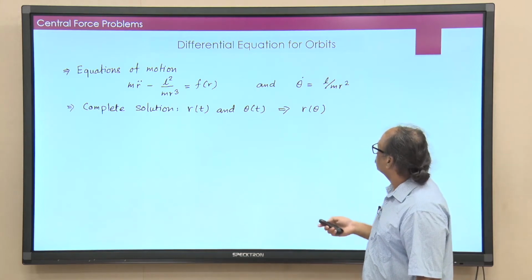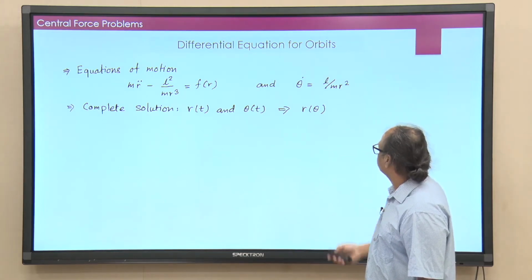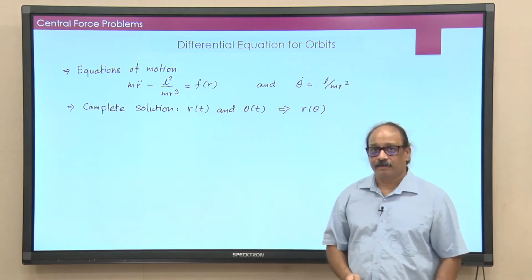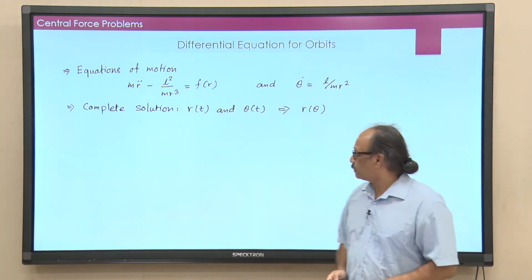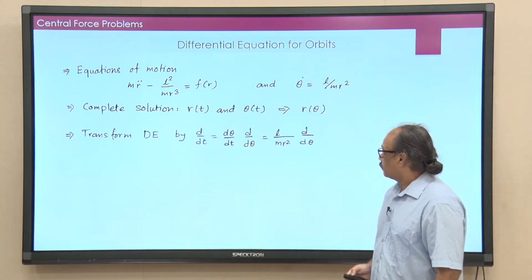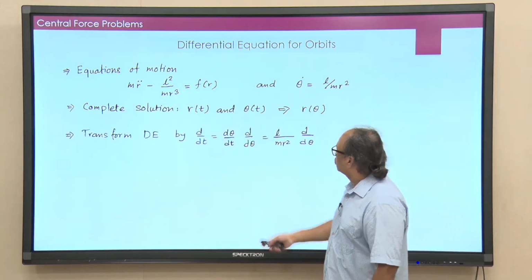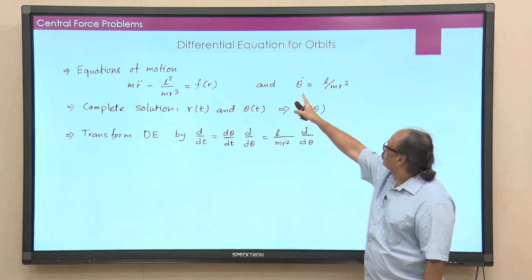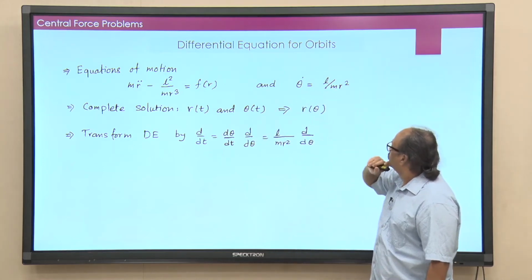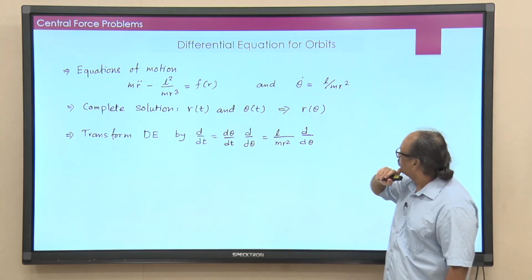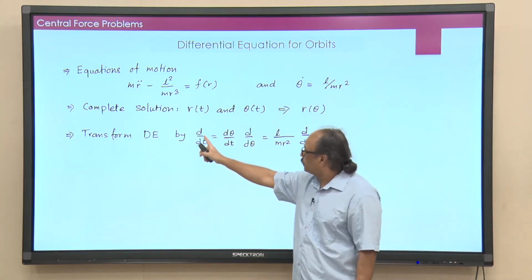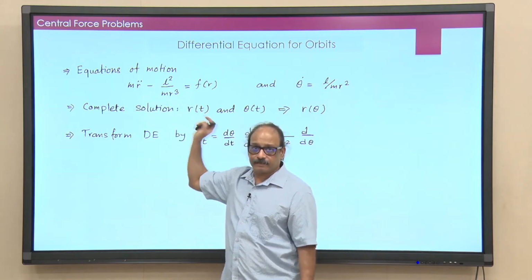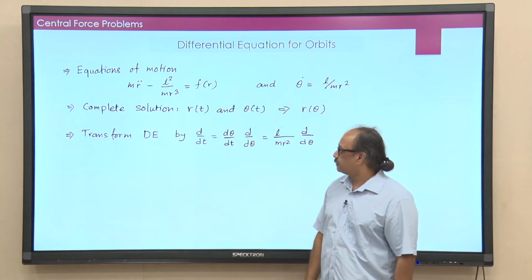The first approach is to try and construct the differential equation for the function r in terms of the independent variable theta. I already have this equation here, which says theta dot is L by m r square, and I want to eliminate time from the equation.